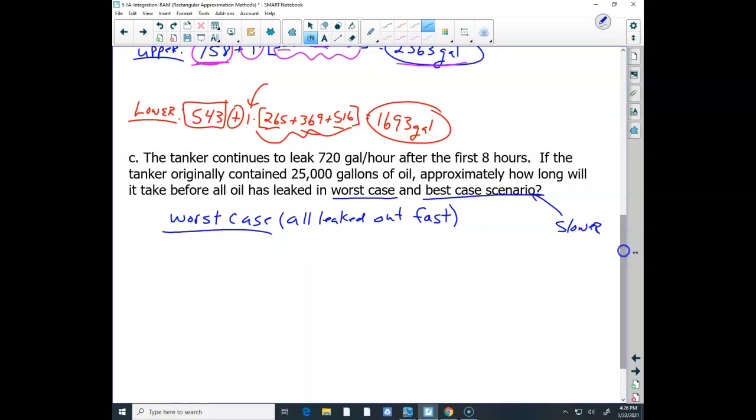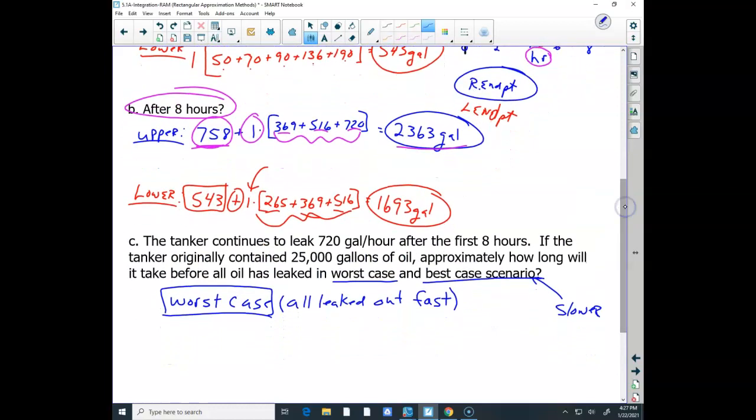Well, what do we know for our worst case scenario? That is oil leaking out fastest. So if that much oil came out in 8 hours, right here, oil is leaking faster on my upper sum, isn't it?